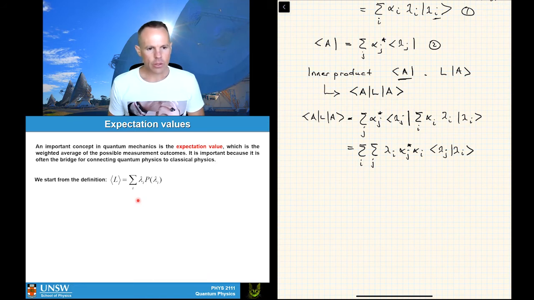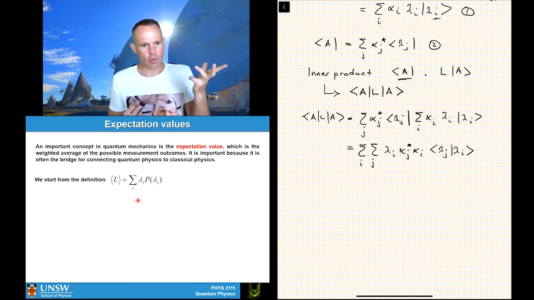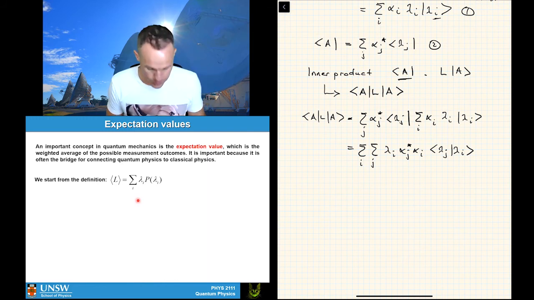All right, so you know that lambda j and lambda i are eigenvectors, and as eigenvectors, we use them as the basis vectors for our system, right? So if you think about your quantum spin, your measurable outcomes are up and down. They become your basis vectors. They're also your eigenvectors.